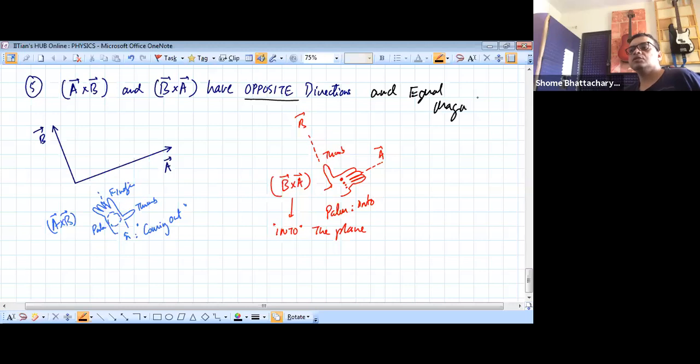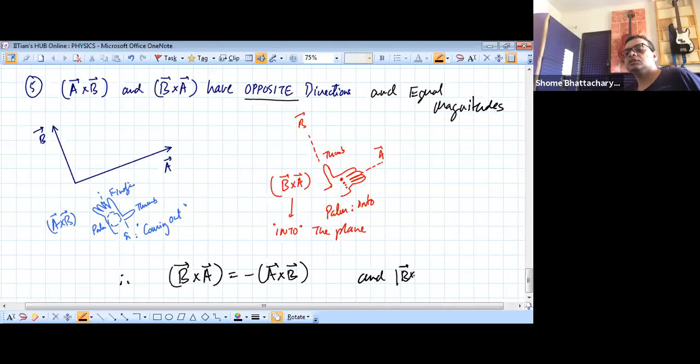In other words, we can say that B cross A as a vector quantity is equal to minus of A cross B. And magnitude of B cross A is the same thing as magnitude of A cross B. Yeah, explaining it.